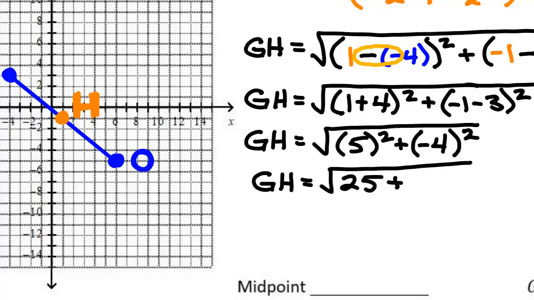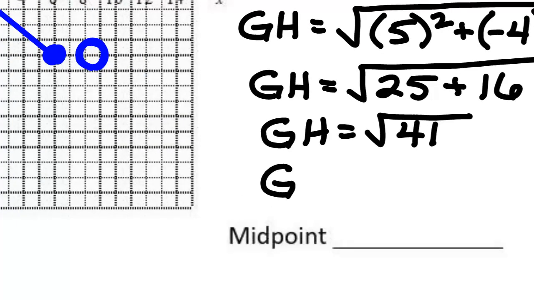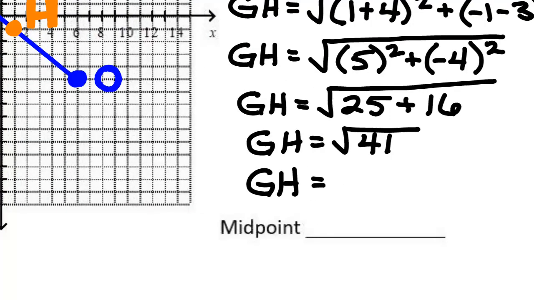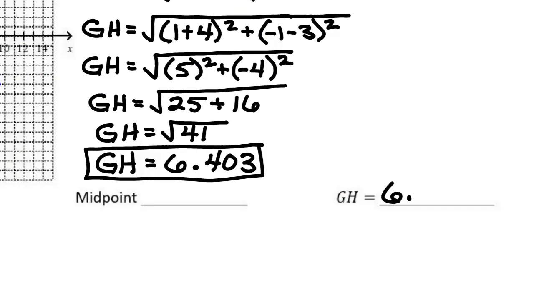Be careful. 16. Then we add those two together. We get 41 underneath our radical. And then we have to put that into our calculator. Don't forget to be writing down the square root signs over all the tops of these so that we don't forget to do it at the end. From G to H, when we pop this in the calculator, that's 6.403.